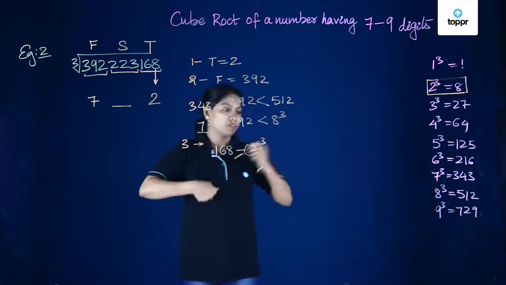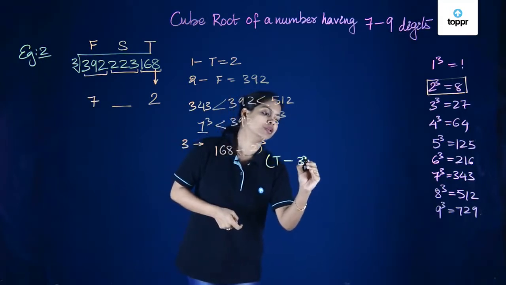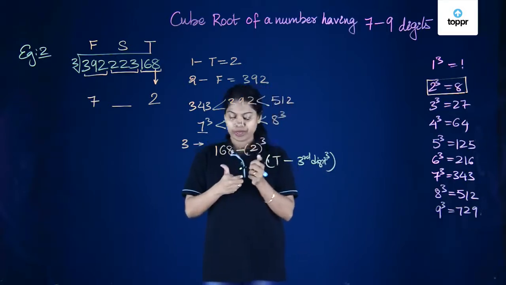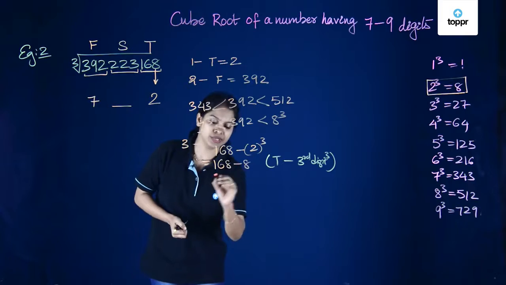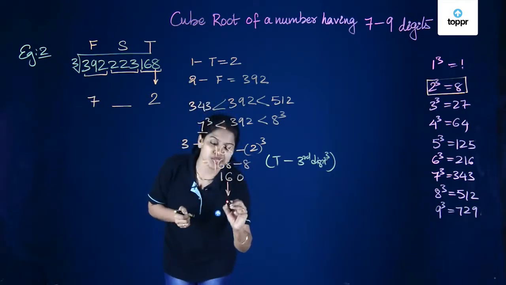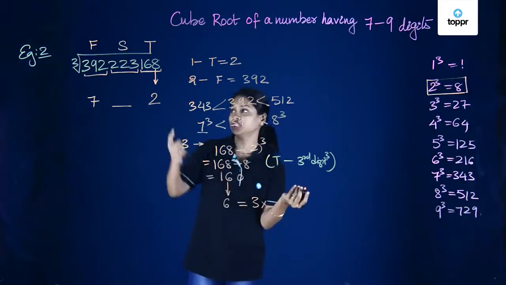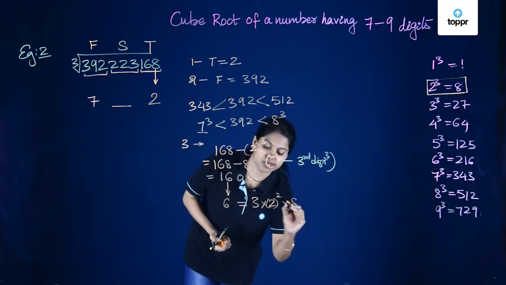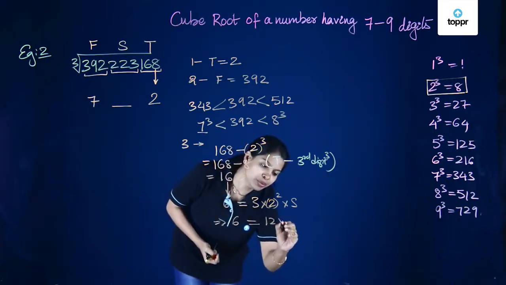So 168 minus 8 is equal to 160. Now we pick just the middle number 6 and equate it to 3 multiplied by the third digit squared, that is 2 square, and into s. So what we have here is 6 equal to 12 into s.